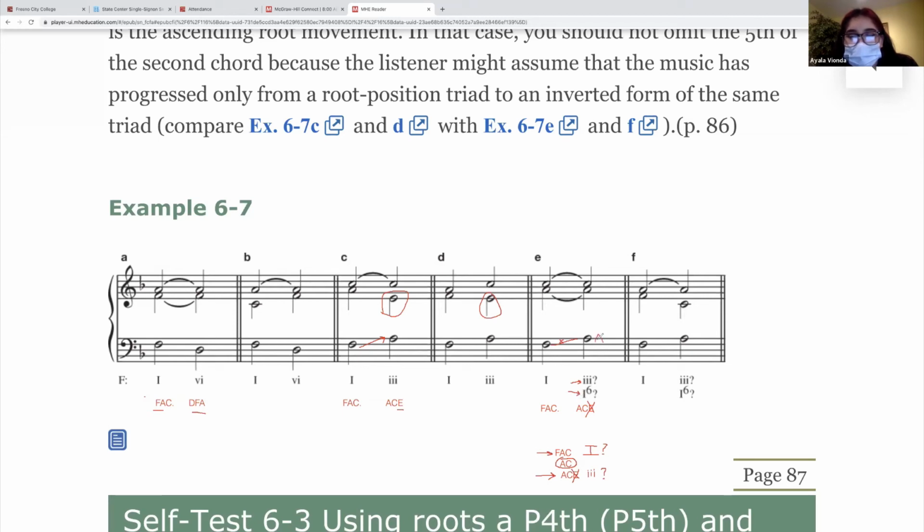We have an A, and a C. We need one more note to make this a triad. We either need an F to make it FAC, or we need an E to make it ACE.